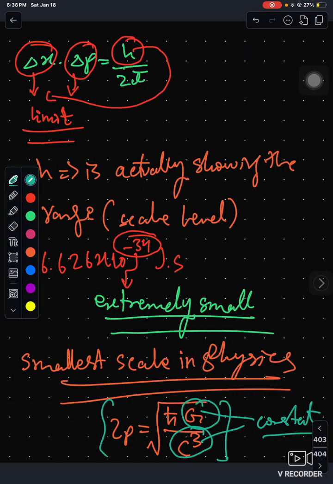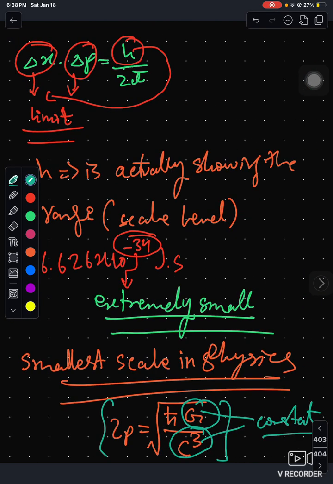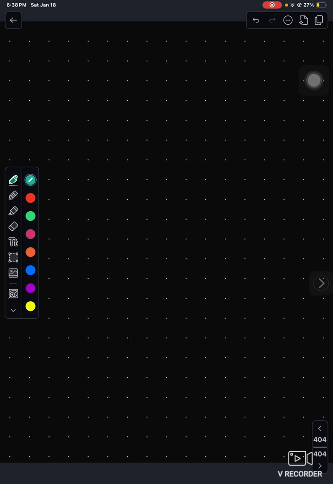Okay, so now that we have covered h bar and h in many equations, we will now talk about angular momentum, in which h bar is included, of course, because it's also part of that. Now, what is angular momentum in terms of quantum mechanics?